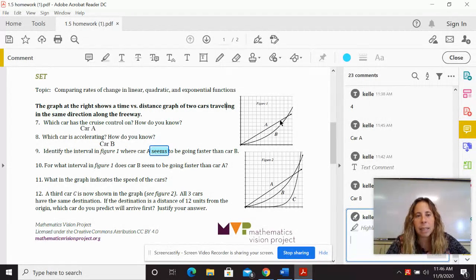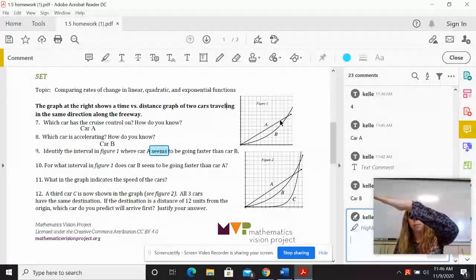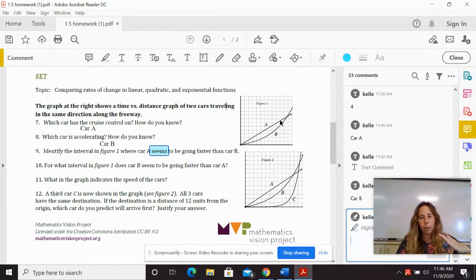It's the same incline the entire way up the hill. We'll just be hikers. You're hiking up this hill, and so it's the same incline the entire way up. Whereas B, if you're a hiker on B, you start out here.